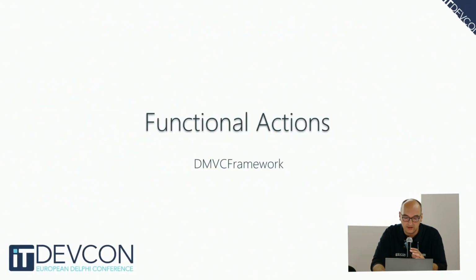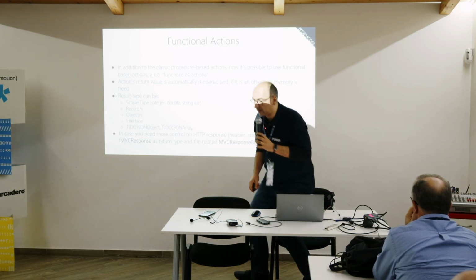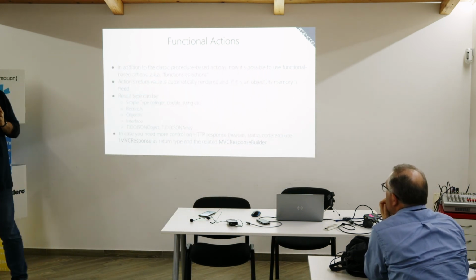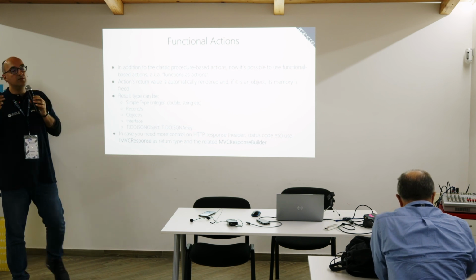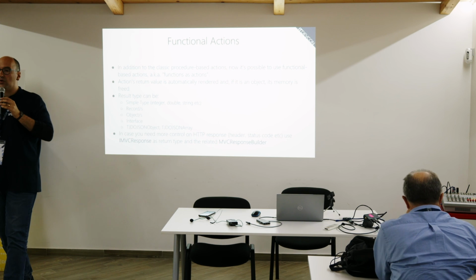Then go on. Let's talk about functional actions, which is the, let's say, the most important news. Historically, in DMVCFramework, you write your action using procedure, and then you call render.